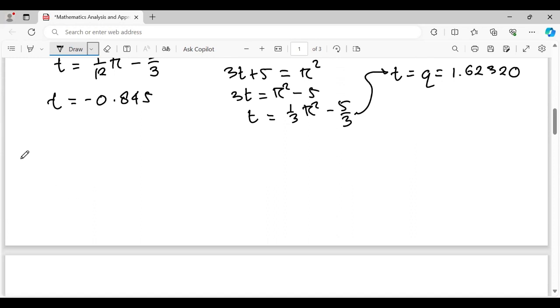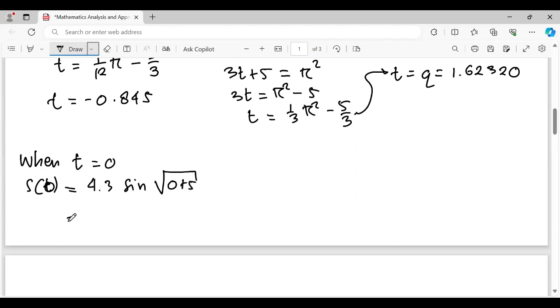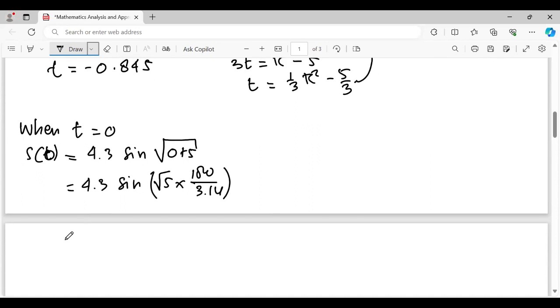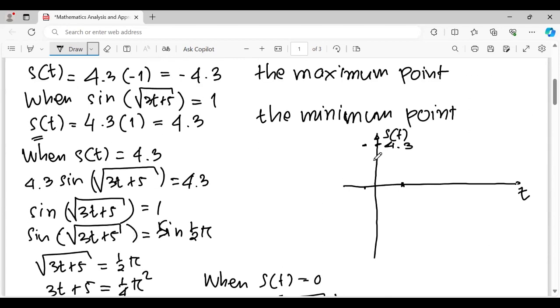Now, how about when t equals 0? When t equals 0, we can write s(0) equals 4.3 sine square root of 0 plus 5, 4.3 sine square root of 5 times 180 or 3.14, and it becomes 4.3 times 0.78604, 3.4, around here.